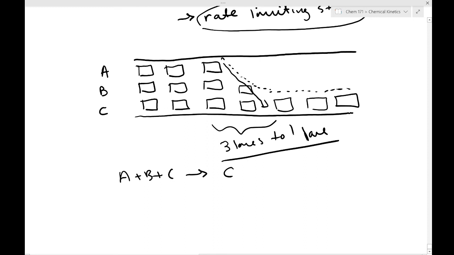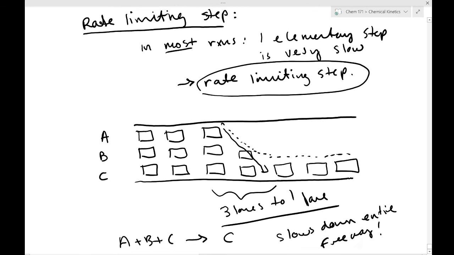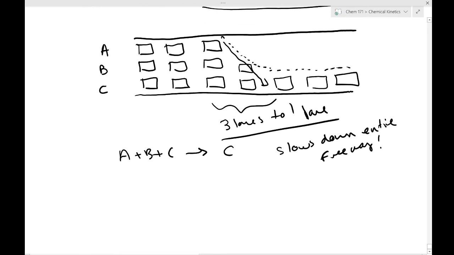So this is the rate limiting step, and it slows down the entire freeway or highway, whatever you want to call it. This is the rate limiting step for that occurrence when they close off these 2 lanes in the highway.